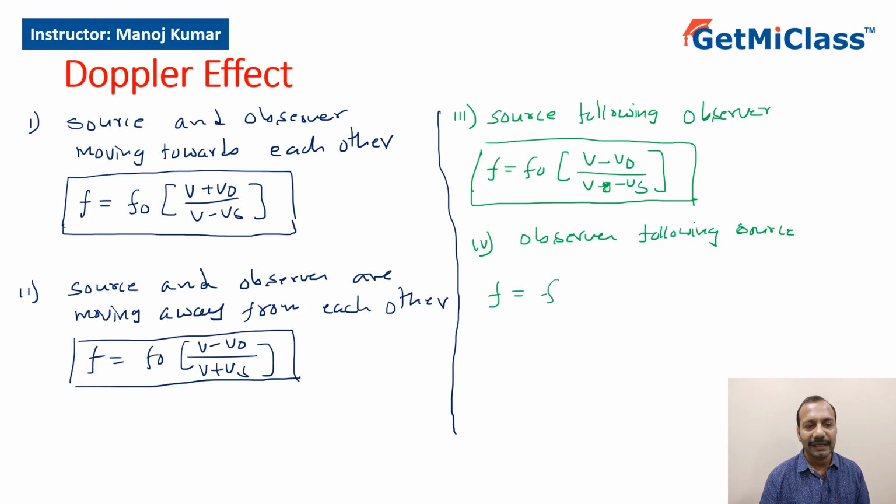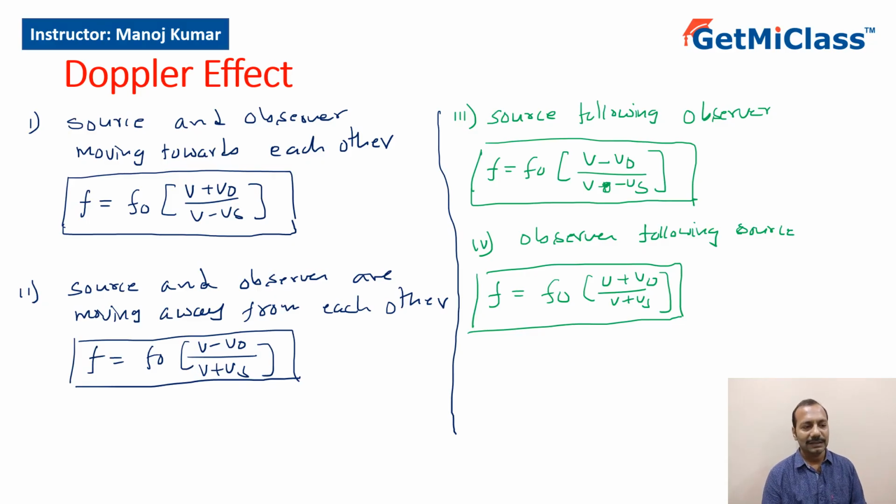So I can write f equals f naught into v plus vo by v plus vs. So this is the apparent frequency when the observer is following the source. These are the various possible situations that we can come across when we have relative motion between source and observer, and in this way I can change the master formula to get the required answer.